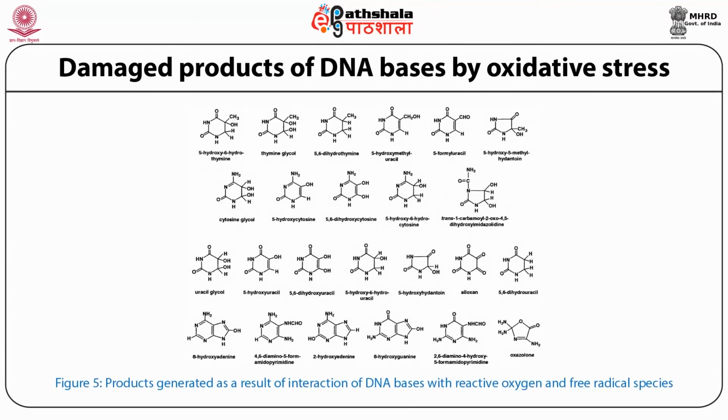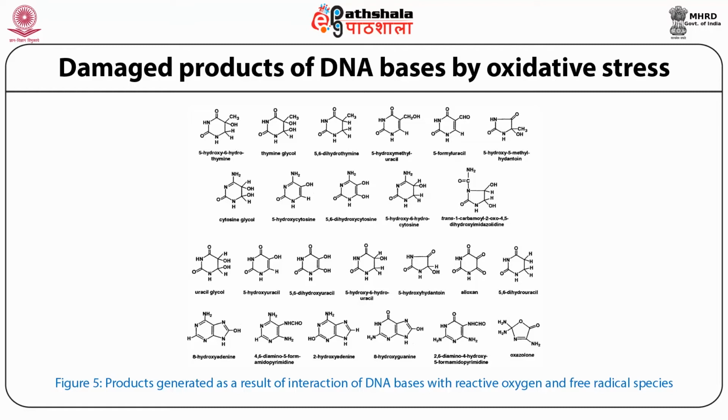Different kinds of products are generated as a result of the interaction of DNA bases with reactive oxygen and free radical species. Hydroxyl radical generated in the Fenton reaction can cause many different kinds of DNA damage, including oxidation of guanine to 8-oxoguanine and thymine to thymine glycol, etc.